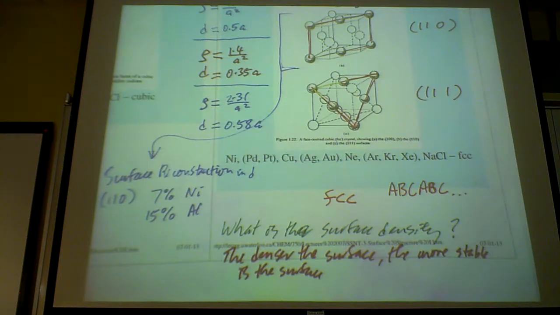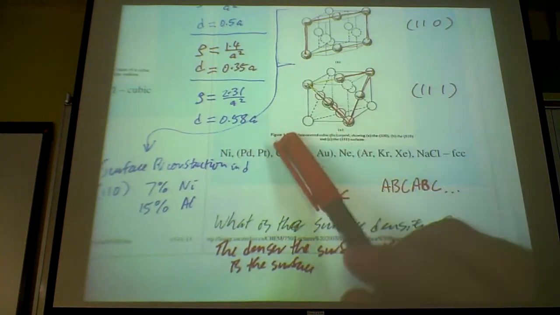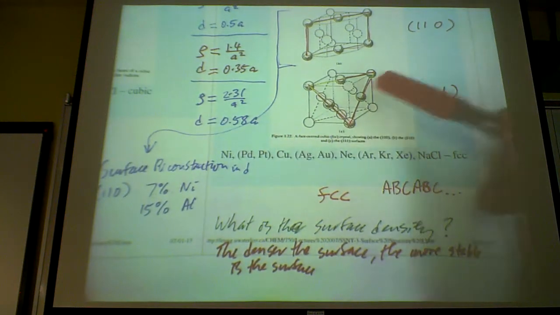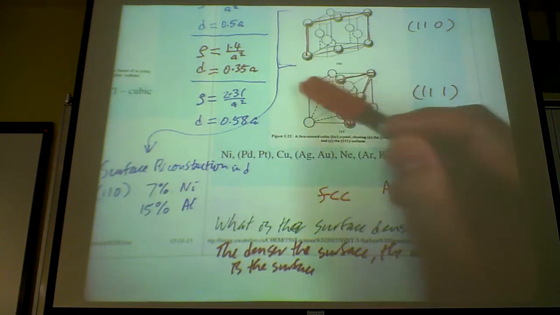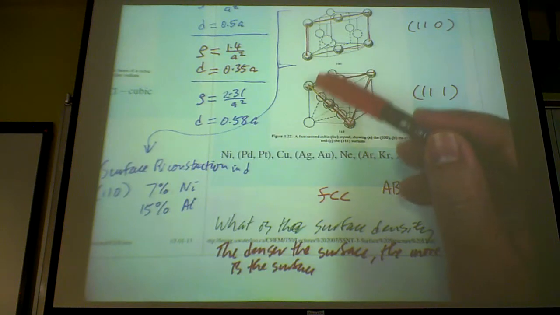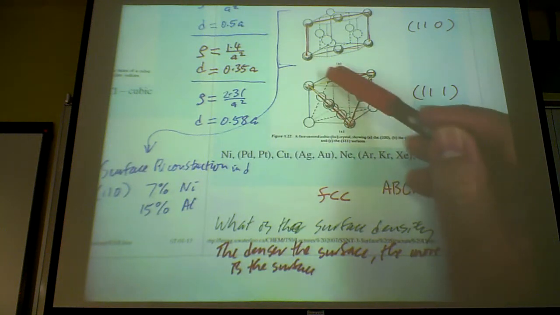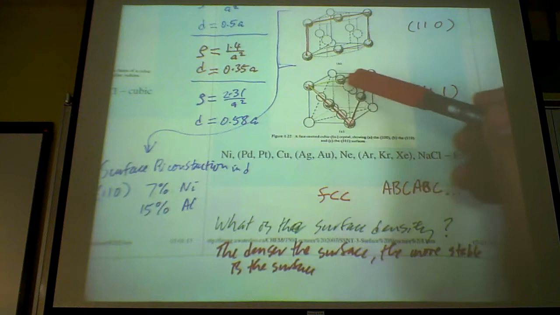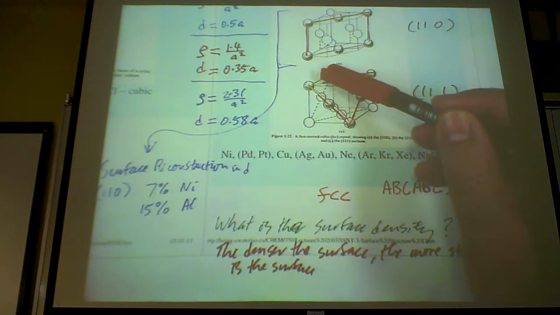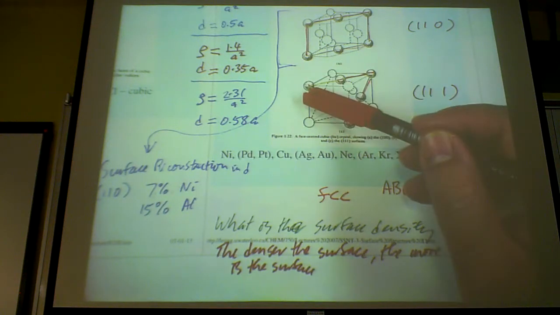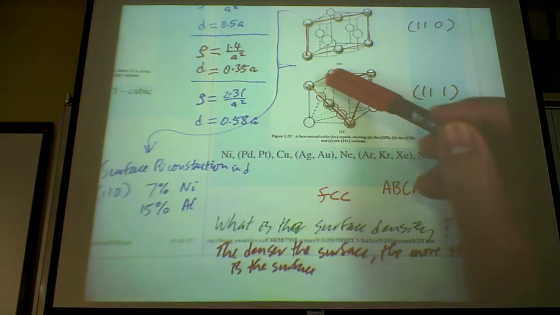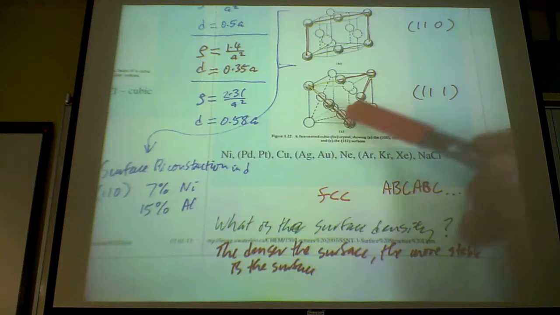Yes, there's a question. In the third diagram, how do we visualize D here? Yeah, so the question is, in this diagram, how do we visualize D? All you have to do is that you have the triangle here, that's one plane. The other triangle is the dashed line. So the plane immediately parallel to the red triangle will be the next plane. So the D spacing will be the perpendicular spacing between the layers. Okay?